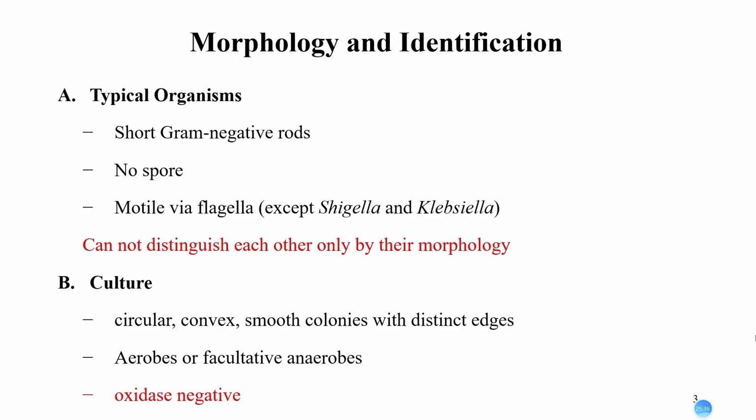And if you culture the bacteria, they form circular, convex, smooth colonies with distinct edges. And they are aerobic, or some of them are facultative anaerobic. So they prefer the presence of oxygen. When there is oxygen, they grow better. And all of them don't produce oxidase. So oxidase negative.